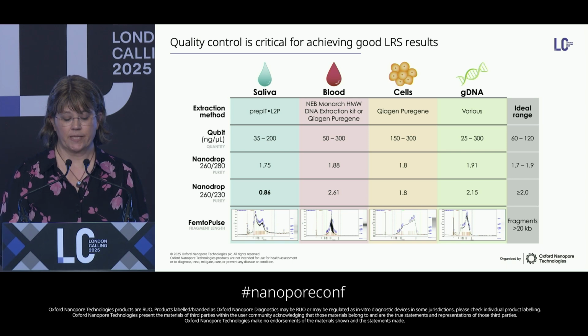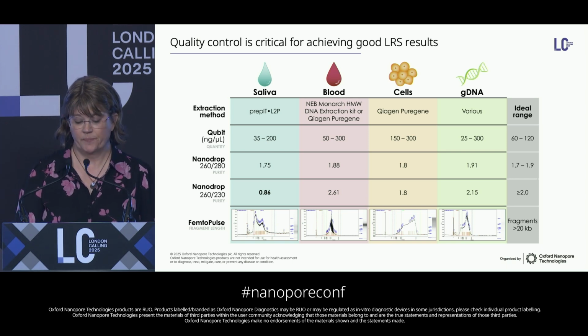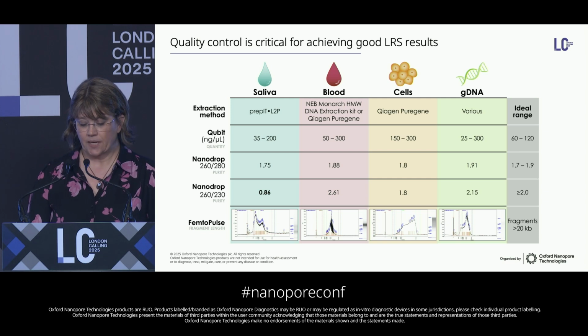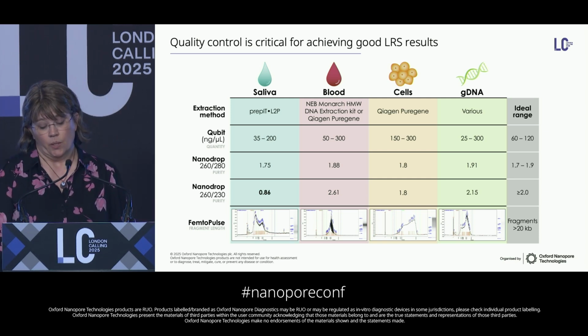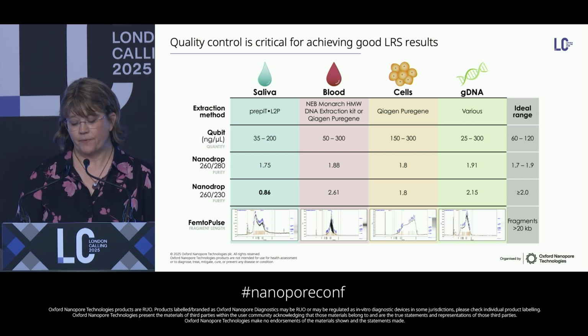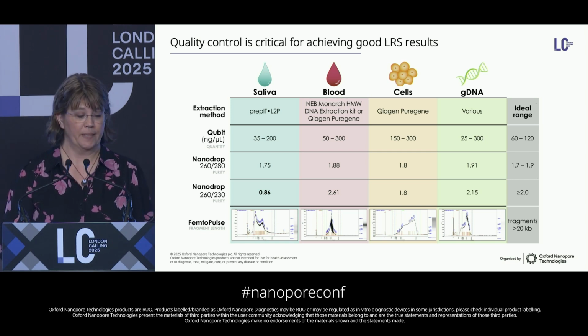Finally, we run each sample on the Agilent FemtoPulse. This gives us a picture of the fragment size distribution and an indication of how well a sample is likely to perform during sequencing. Ideally, we want most of the fragments to be greater than 20 kb.